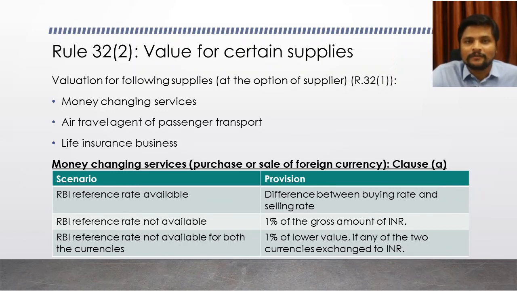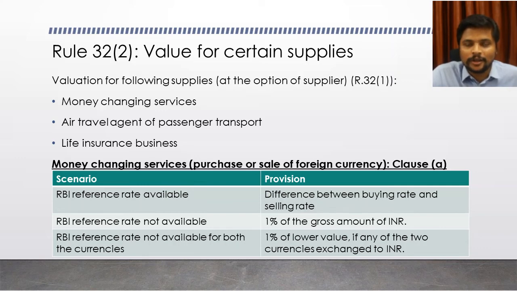In that case, how the valuation is to be done is nothing but converting the Japanese yen to INR based on the price quoted by the money changer. If that comes to 50,000 rupees, and the US dollar, whatever US dollar he is giving, if that is converted into INR with the rate quoted by the money changer, if that comes to 45,000 rupees, the value to be taken as 1% of the lower value of these two, 50,000 or 45,000.